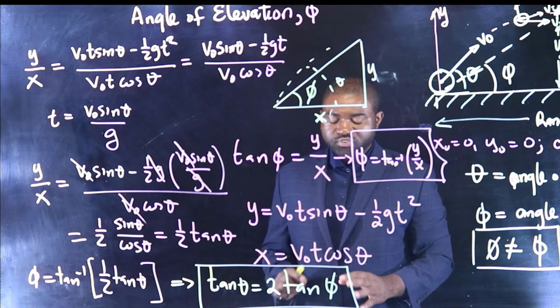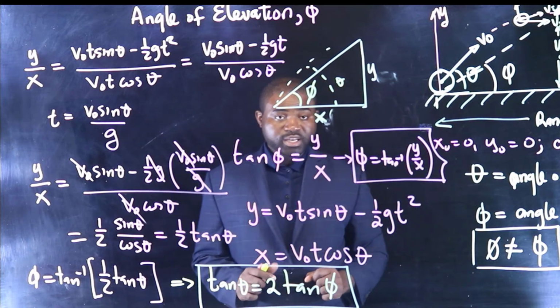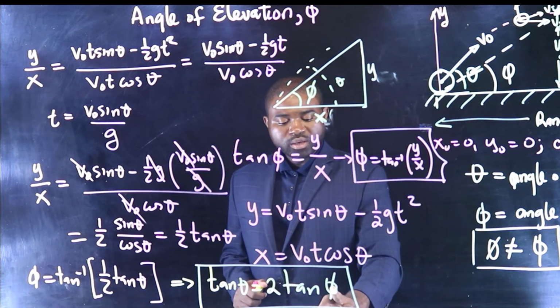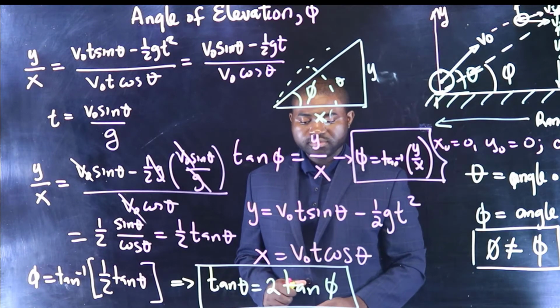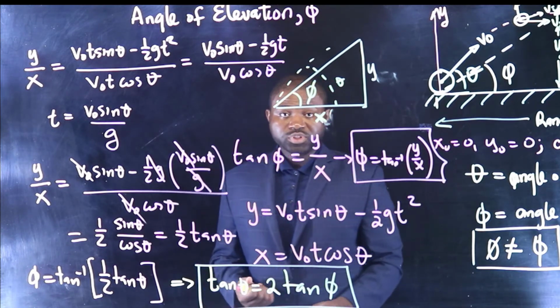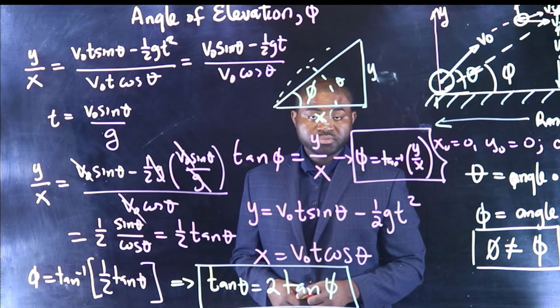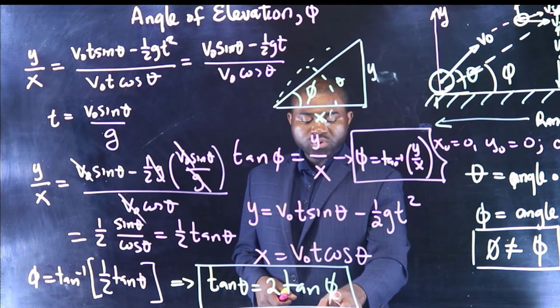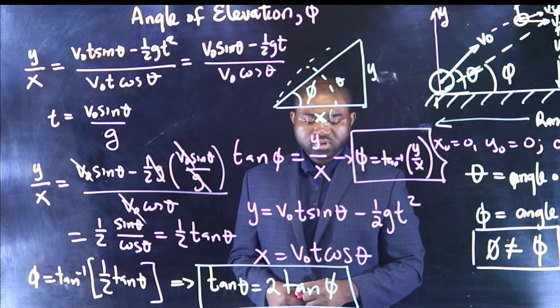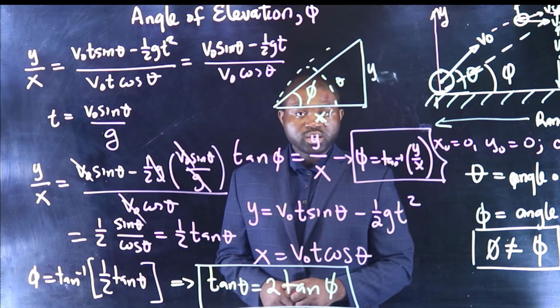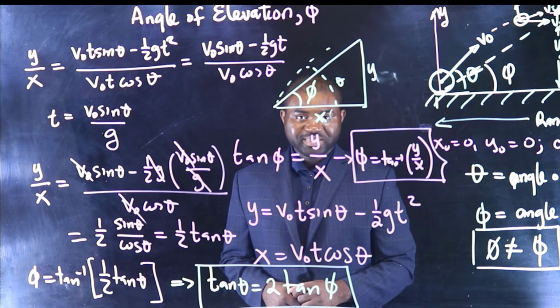This gives us the relationship that exists between the angle of elevation and the angle of projection. It's easy to measure the angle of elevation, which means that if we know the angle of elevation, we can definitely calculate the angle of projection. Thank you.